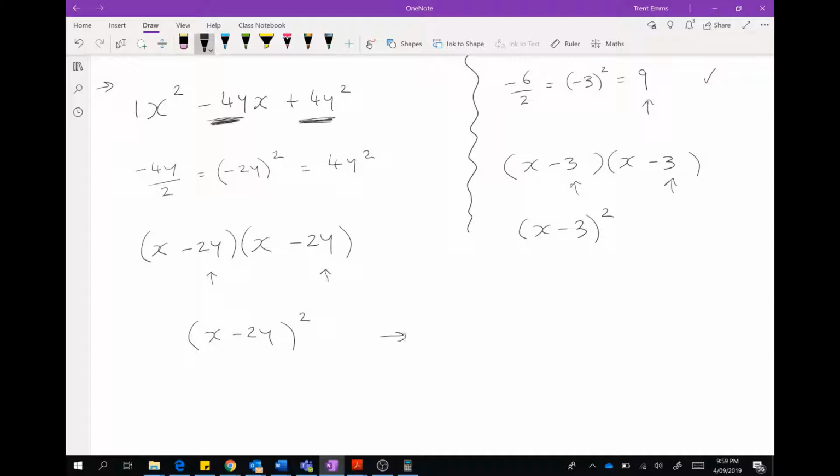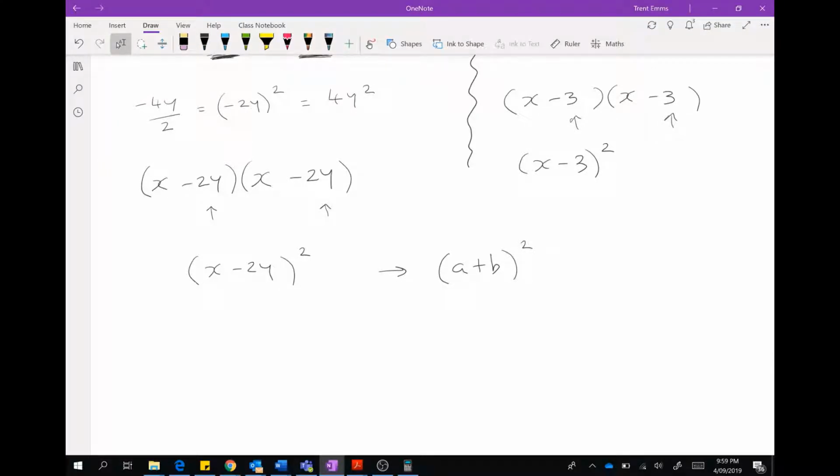So we needed to write it in the form of, and the question was, a plus b squared. Just so we're fully in that form, I can write minus 2y as plus minus 2y, as a plus touching a negative just makes a negative, which is the same thing. So our a is x, if we match it up here, and our b is the minus 2y.